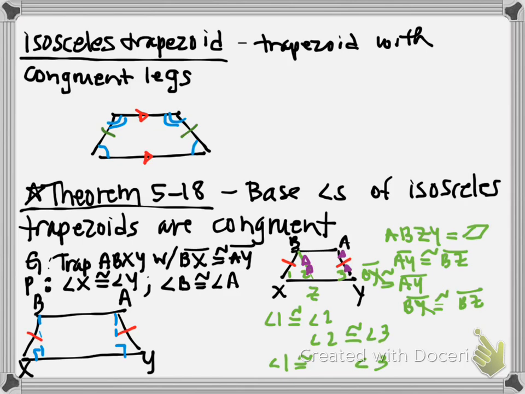We would have one set of parallel lines. We would end up having right angles everywhere. Therefore, we'd have a rectangle, okay? And then we can take all the information we know about rectangles, and we'd get these two sides being congruent to each other. So then we would have a hypotenuse and a leg for each of those triangles. So then we could get angle X congruent to angle Y through CPCTC. So that's another avenue to do as well, okay?